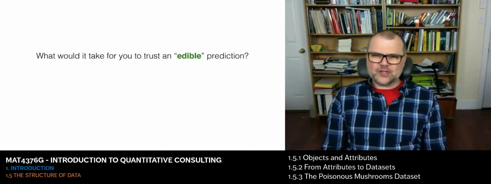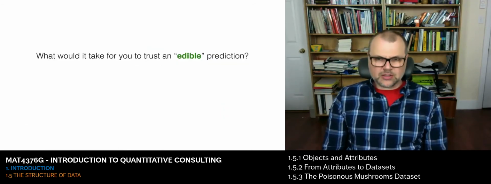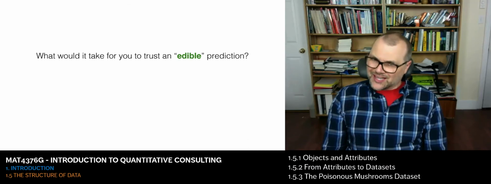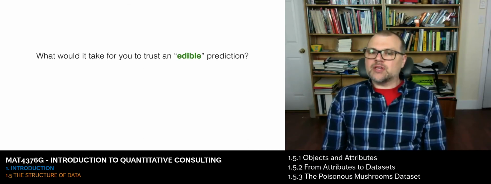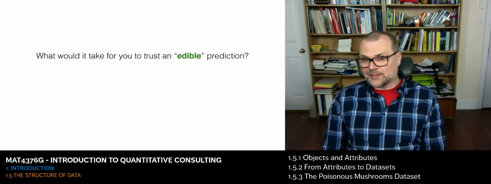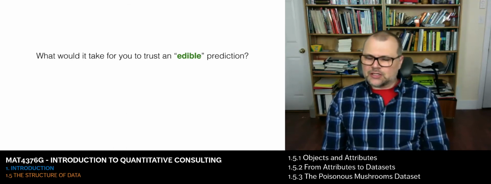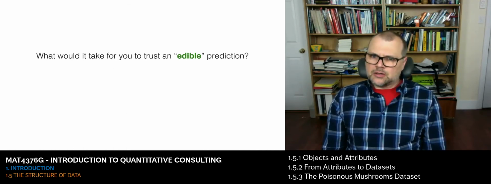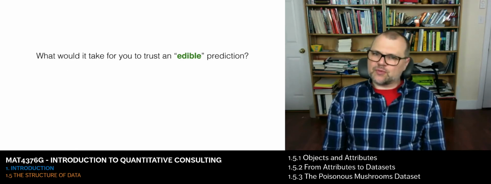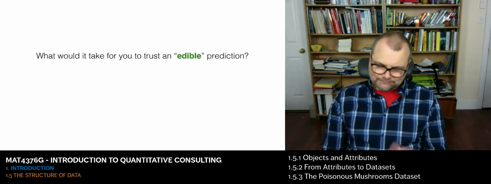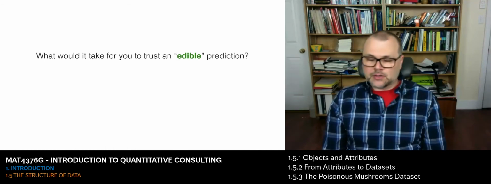Well, without knowing more about how the model was built, or how the data was collected, or what we mean by edible and poisonous, it's a little bit hard to trust the model, right? It could very well be that your data set is an aggregate of a bunch of specimens of a variety of types of mushrooms that have been collected over the years.